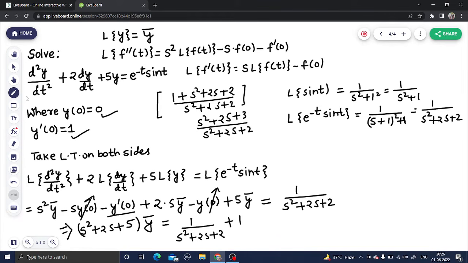So y dash 0 we have, I send that to the RHS. Fine, so no problem. Let's move to the next page.